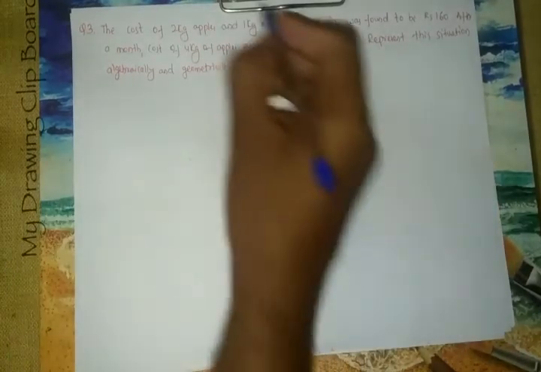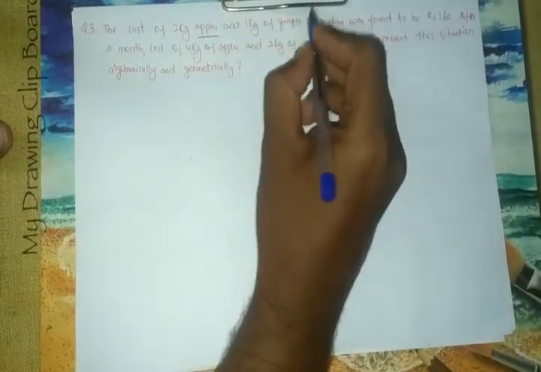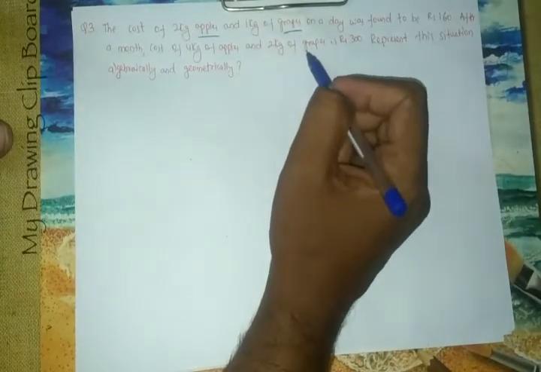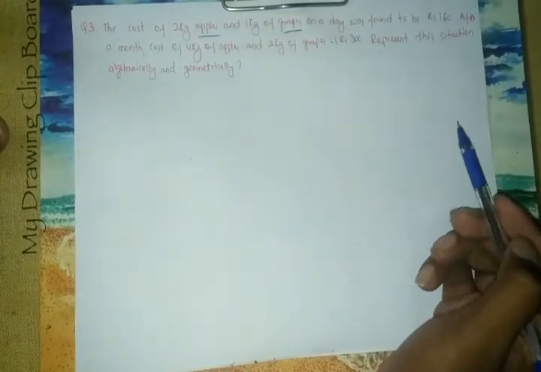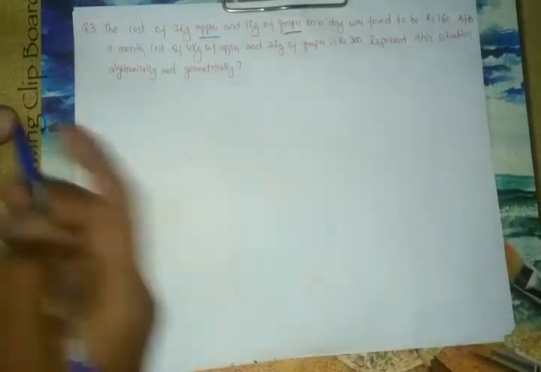So the variables are, one variable is apple, another variable is grapes, and again we have two situations. So we have to consider the situation and we have to get the equations.